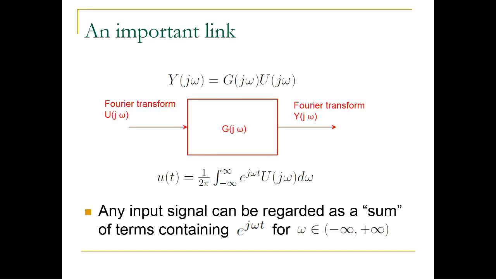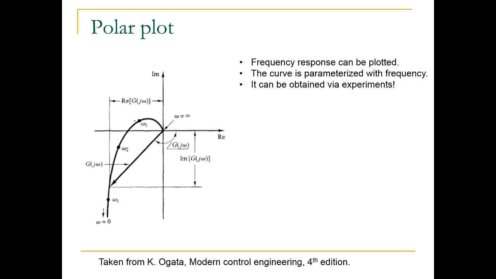What is really cool is that there are very nice interpretations of the gain and phase. So suppose that you consider this G(jω), and then you consider, let's say, frequency ω3. When you have frequency ω3, you evaluate jω3 in the transfer function, and that would be a complex number, which will have a real part and imaginary part, right?